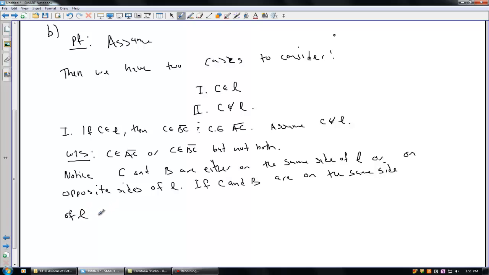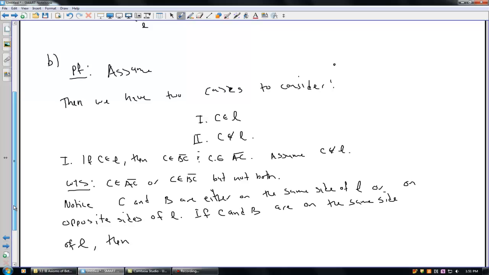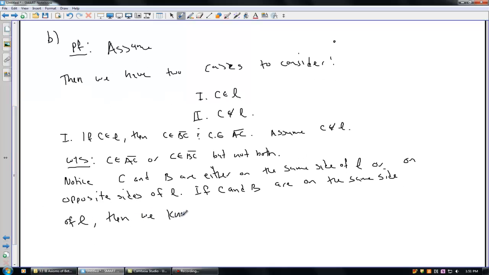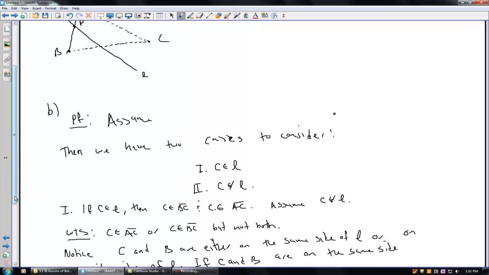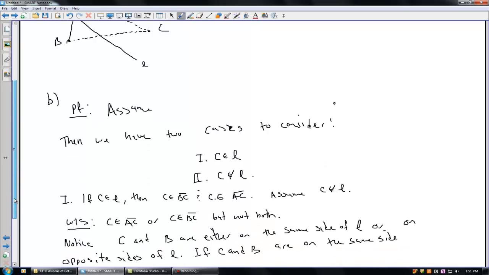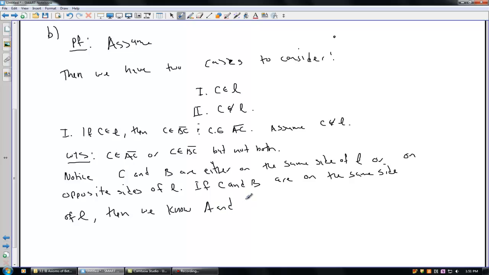What can we say? If they're on the same side of L, then, and you can just look at the picture, we know A and B are on opposite sides of L because P is an element of the line segment AB.